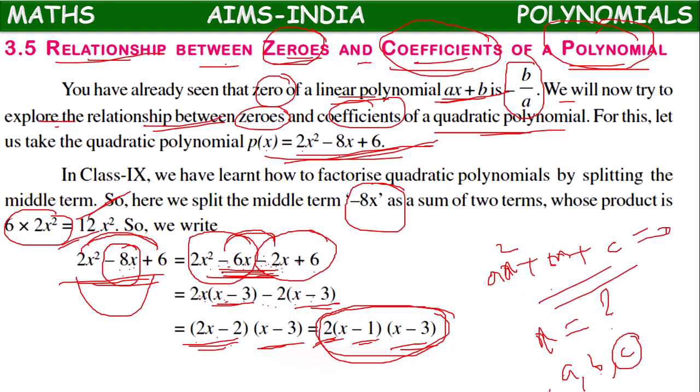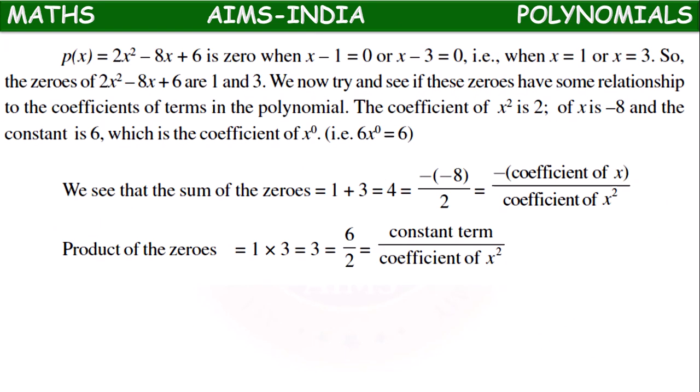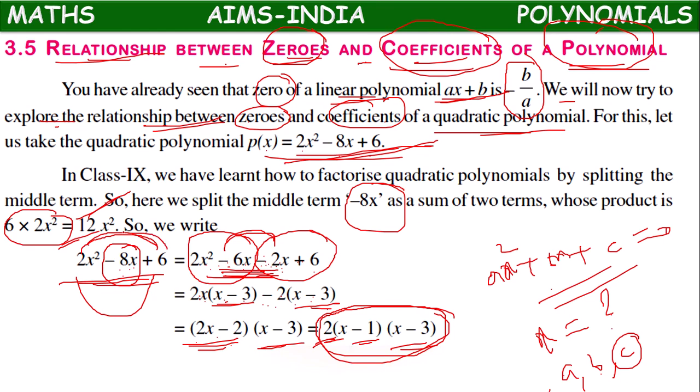Now, these are the factors. What does it mean? p of x equal to 2x square minus 8x plus 6 is 0 when x minus 1 equals 0 or x minus 3 equals 0. Because this is a product, the value of the polynomial will be 0 if one of the factors is 0.